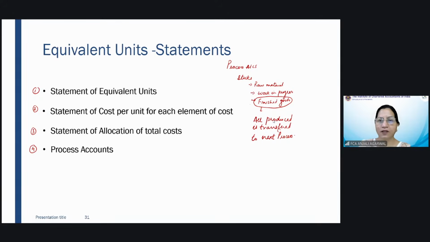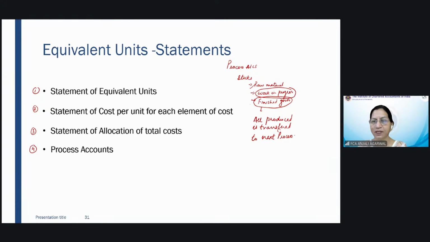Yeah, I am taking up the WIP, work in progress. Equivalent units is majorly related to work in progress. How will you value the work in progress or equivalent production? And raw material stocks generally, if it is mentioned in the question, you assume it to be there, which will reduce your cost, and you can put it on the credit side as by closing stock of raw material. However, nothing is mentioned, so you will ignore.